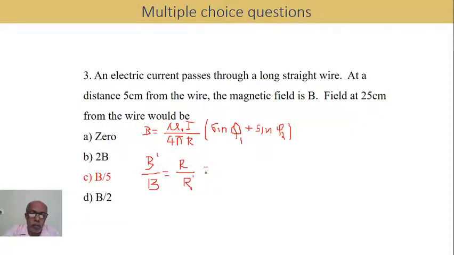R is 5 centimeter, R dash is 25 centimeter, and that will be equal to 1 by 5.